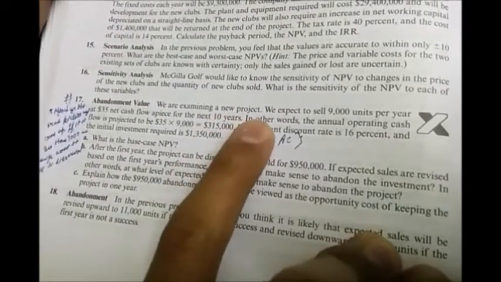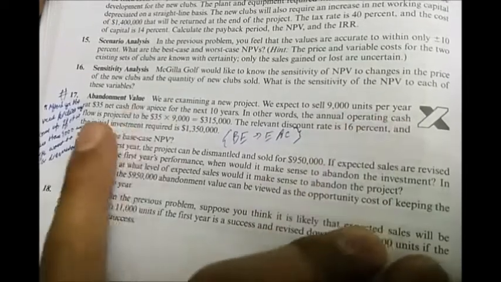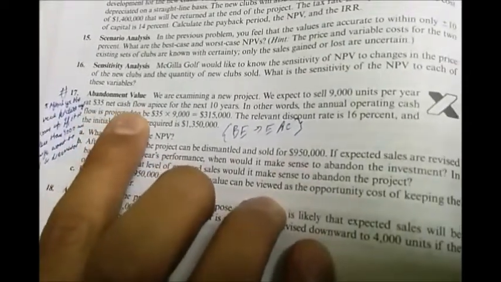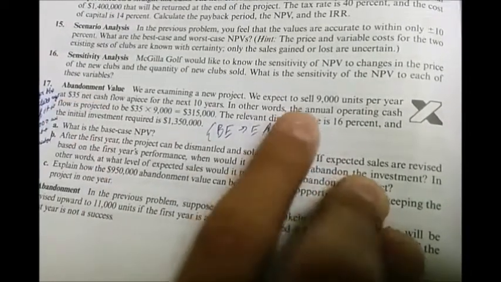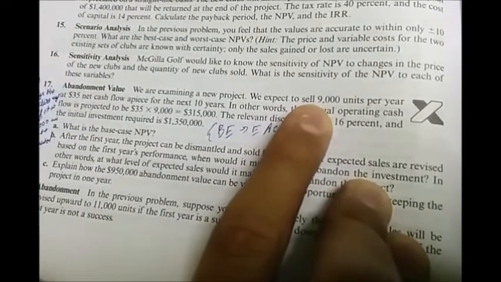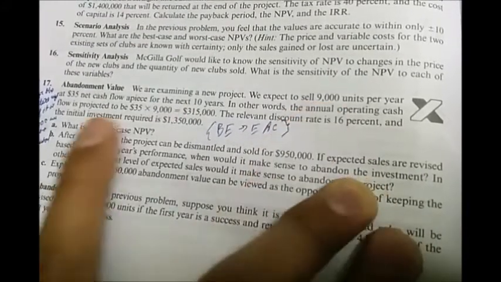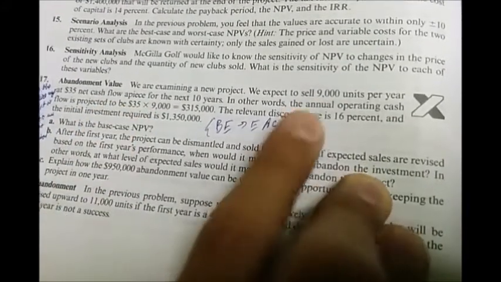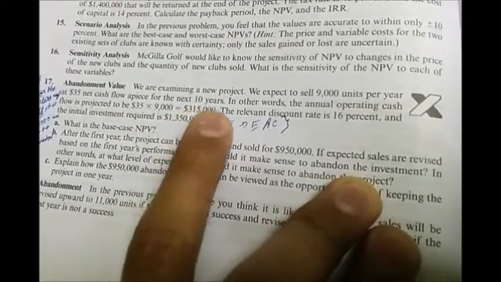We expect to sell 9,000 units per year at 35 net cash flow apiece. You can take it as the contribution per unit, and this is the expected number of units. We have assumed it will continue for the next 10 years.